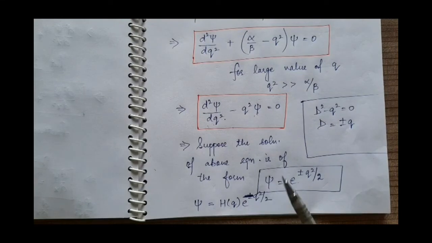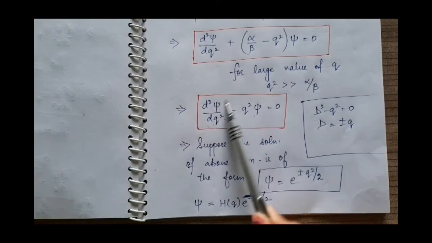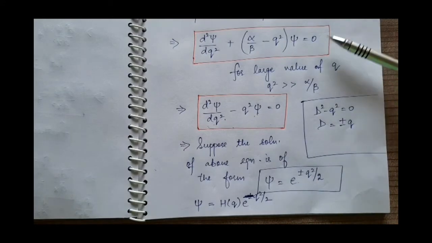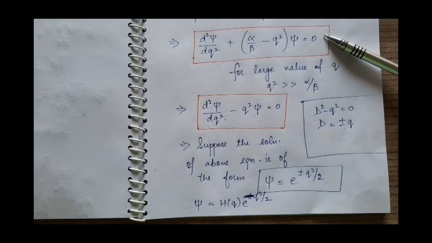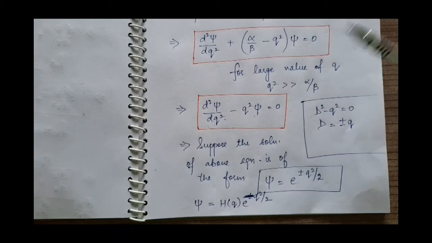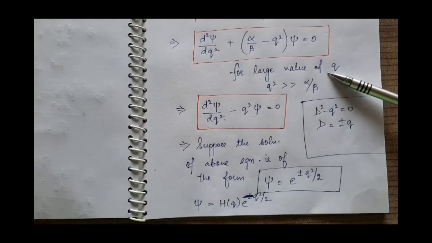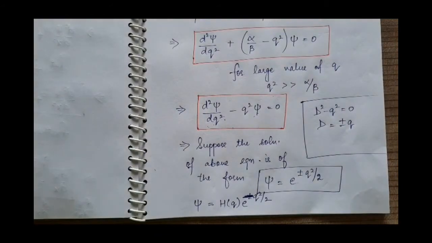So indirectly, by solving this equation, we are deriving the solution of this differential equation. That's why we have put the values of psi and d square psi by dq square in this equation in terms of dh by dq.